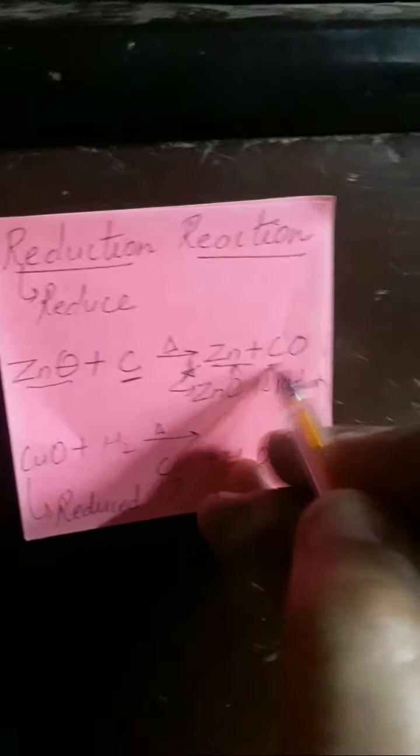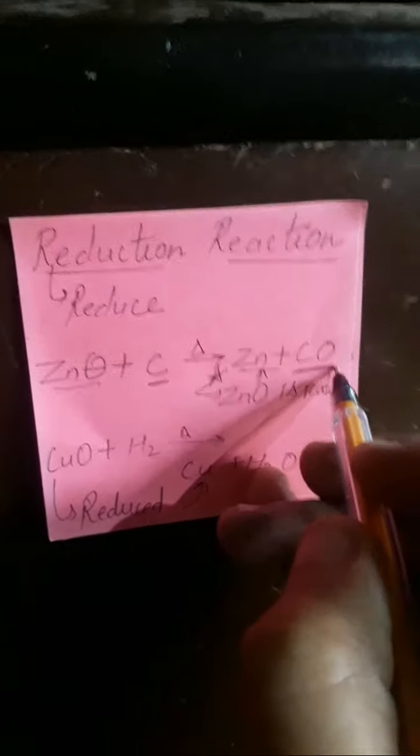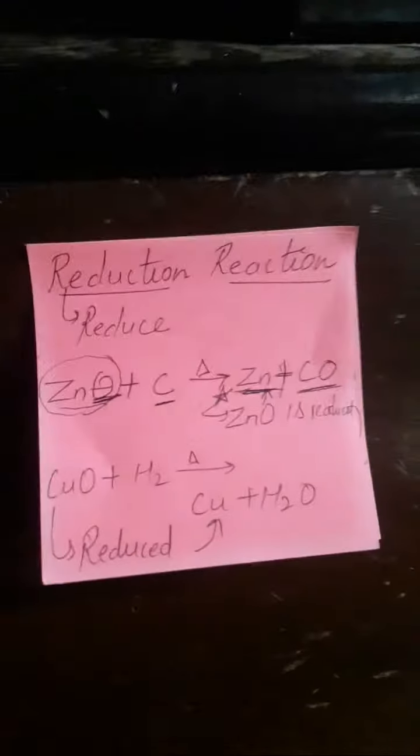Zinc oxide reacts with carbon and they form the products zinc plus CO. Now zinc had the oxygen, but as the product is formed, oxygen is removed from here and the product is zinc only. The side product is also CO, carbon monoxide.